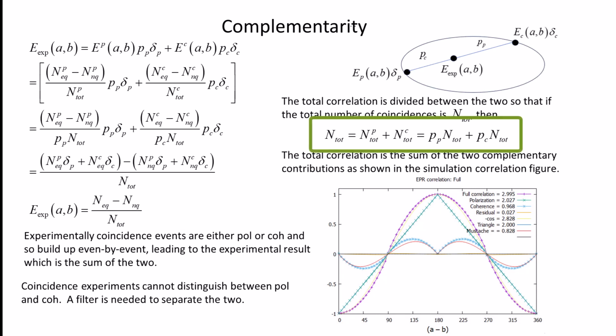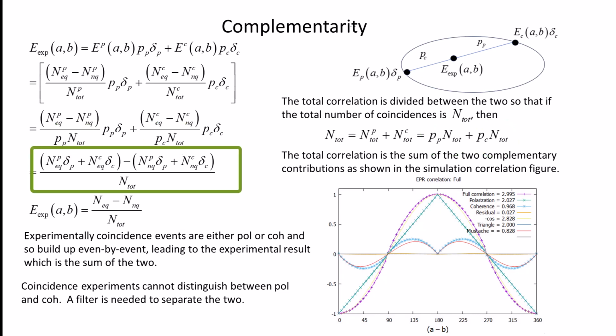Note that the total number of cliques must be distributed between polarizations and coherences, so that the total number of polarization cliques is P_P times N_total, and for coherence cliques it is P_C times N_total. Substitution of these values into the complementary expression shows that the experimental correlation is the sum and not the weighted sum of the two parts.